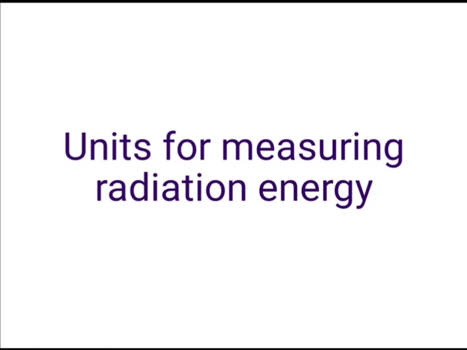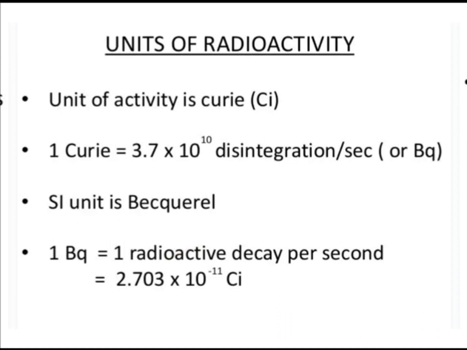So as we know, in radiochemistry or nuclear chemistry, the units are very important, and we know the curie is the unit for measuring the radioactivity. So 1 curie is equal to 3.7 × 10^10 disintegrations per second or becquerel.